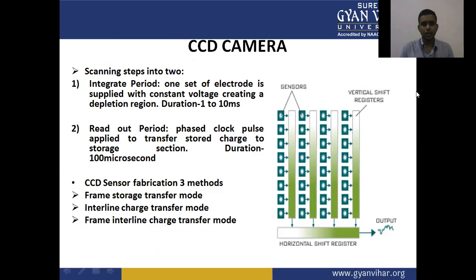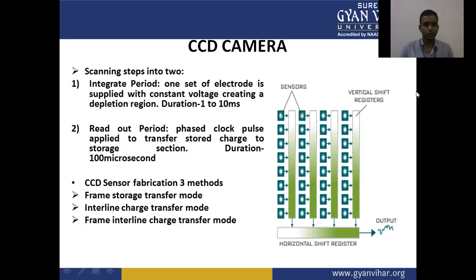The CCD camera has the sensors, vertical shift register, horizontal shift register, and output. This is the image of the CCD camera, and the sensors are arranged with the vertical shift registers. Sensors are connected with the shift register, and the horizontal shift register is connected with the vertical shift register.